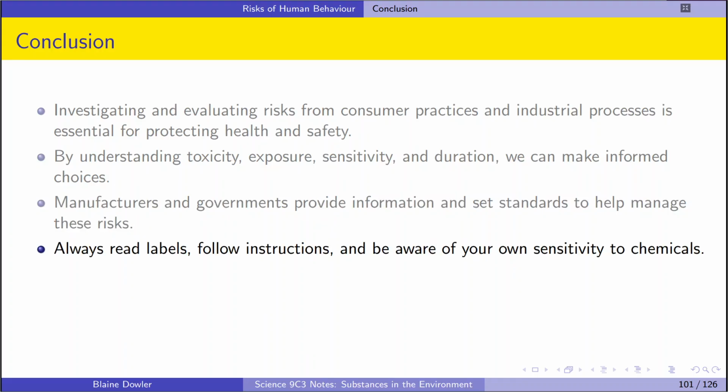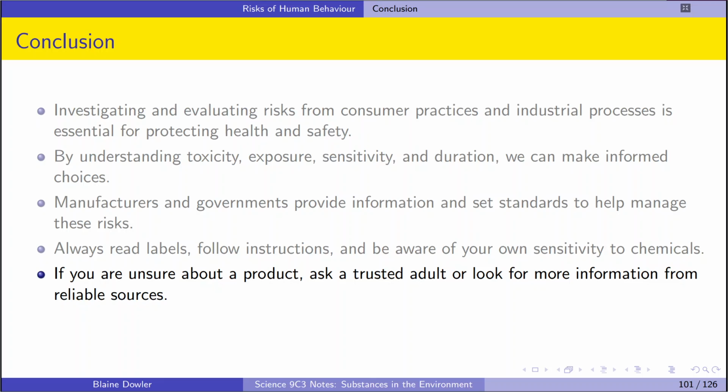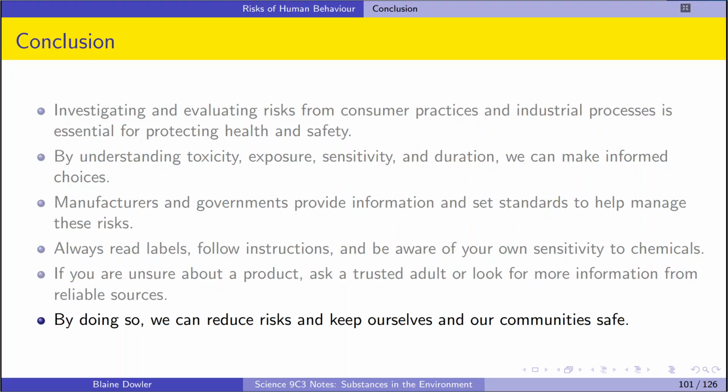Always read labels, follow instructions, and be aware of your own sensitivity to chemicals. If you are unsure about a product, ask a trusted adult or look for more information from reliable sources. By doing so, we can reduce risks and keep ourselves and our communities safe.